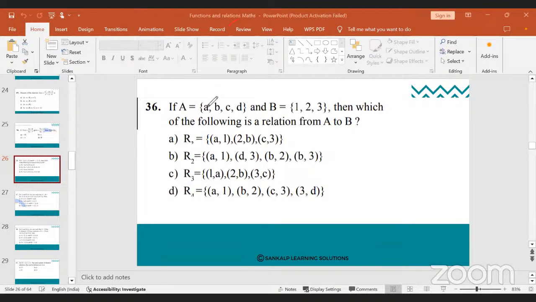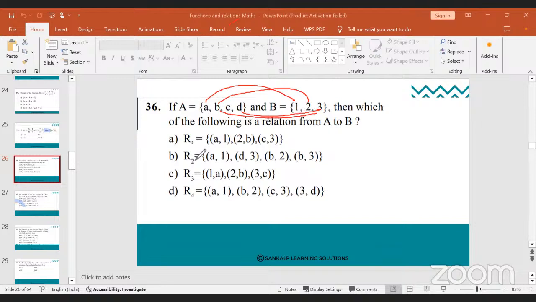So it is A1, B2, and D3. A1, B2, D3, and it is nothing but B3.